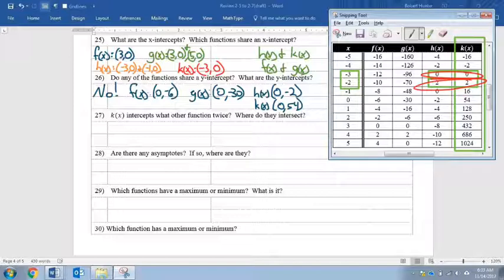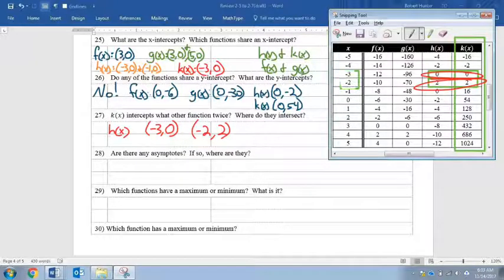So k of x intersects h of x. Now, if you couldn't find that on the table, you could always just graph these on your calculator and look at it, and that's fine. But that's where they intersect, where the y values are the same at the same x value. They both have the points (-3, 0) and (-2, 2). All right, that's where they intersect.